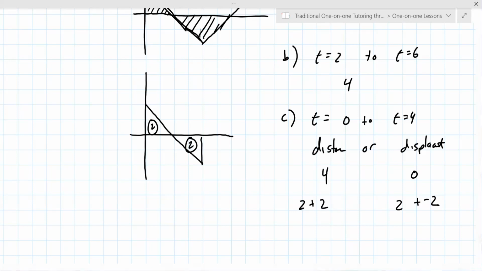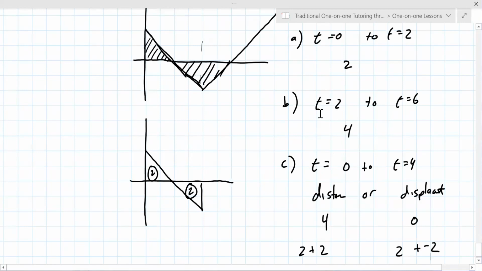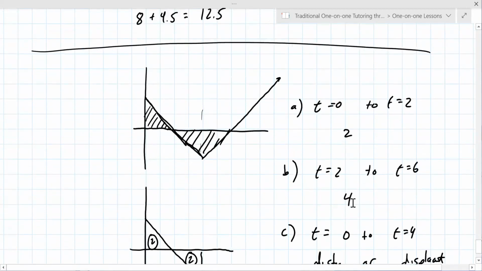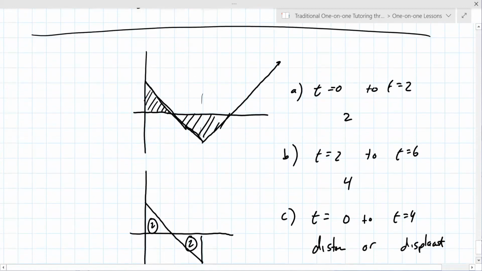So where do you get the 4 from in part B? Oh, I see, because it's half of that. And then the displacement. Okay, because it's -2 on the bottom.